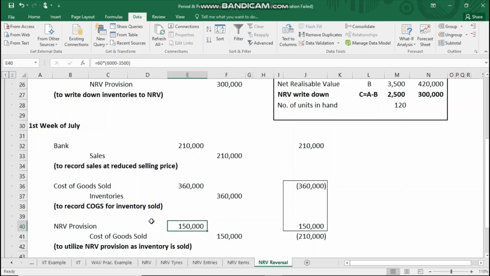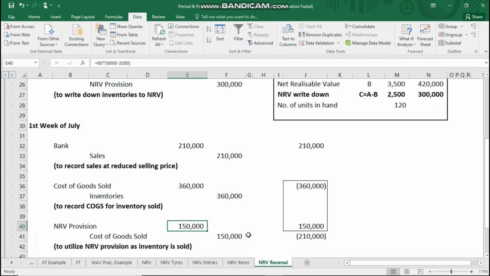So we'll utilize the NRV provision of those 60 units. The accounting entry I will make here is NRV provision debit and cost of goods sold credit, with the amount of 150,000.